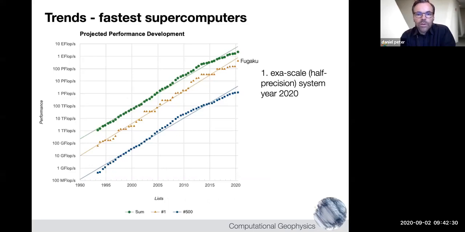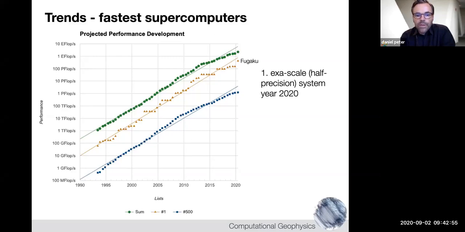So the orange curve gives you basically the top machine. The blue curve, the lowest one, gives you the slowest machine of the fastest 500 machines worldwide, and the green one would be the sum of all these top 500 machines.